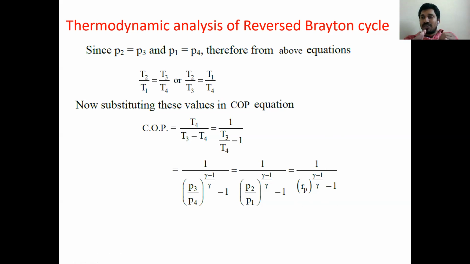Then go for thermodynamic analysis, in which you explain each and every process: the energy values involved, like heat and work equations. After that, go for the coefficient of performance equation. Finally, you should derive the value 1 by (Rp power (gamma minus 1) by gamma, minus 1). So this is the total reversed Brayton cycle.